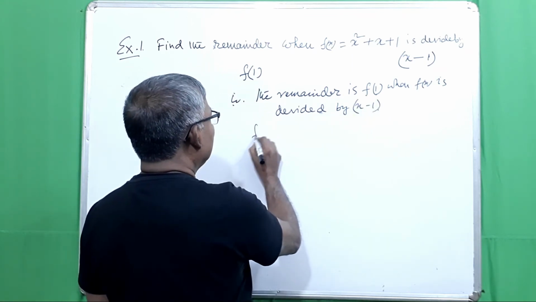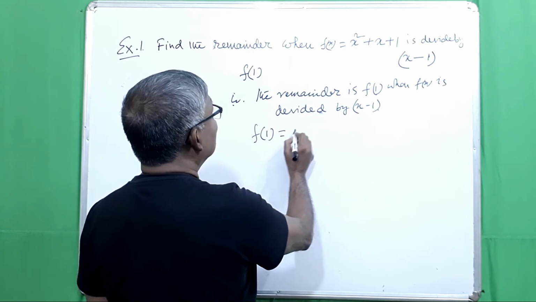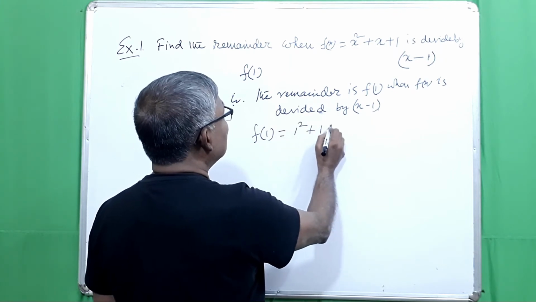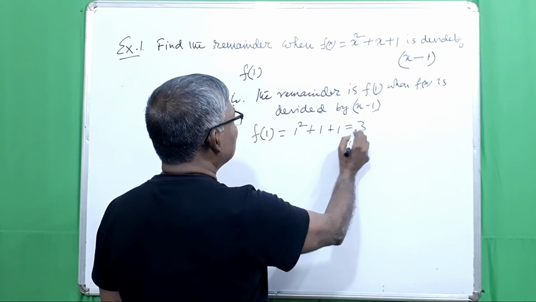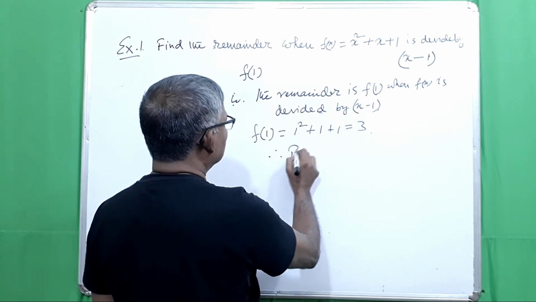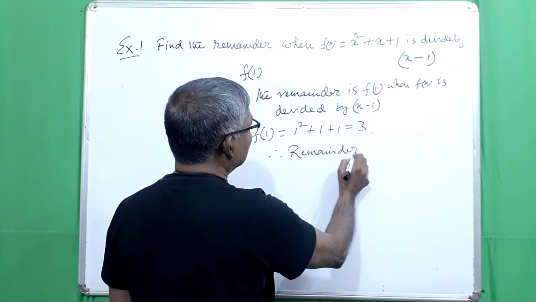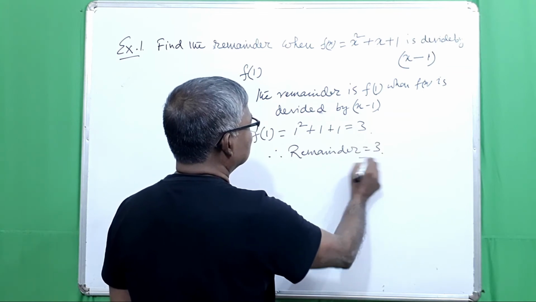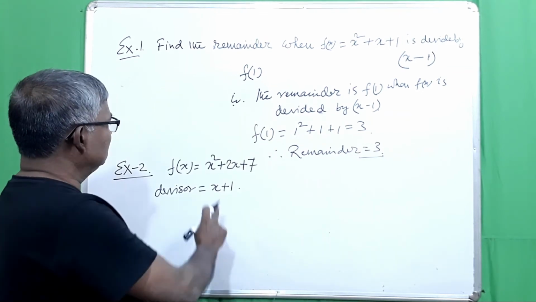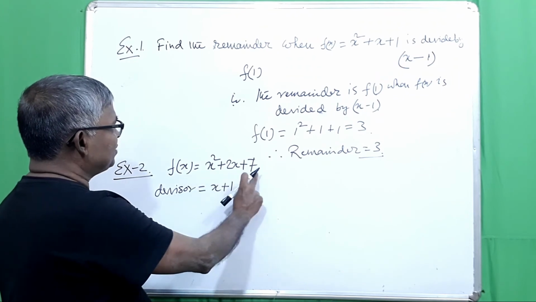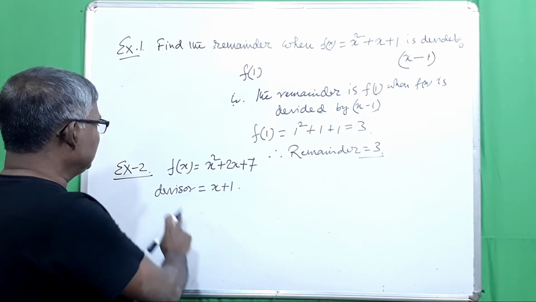Here f(1) equal to 1 square plus 1 plus 1, that is 3. Therefore remainder equal to 3.